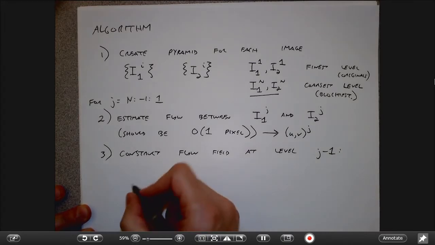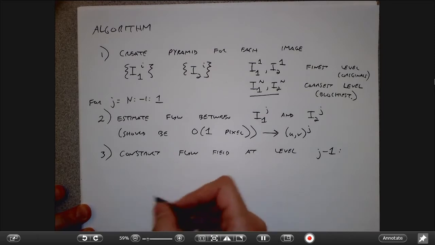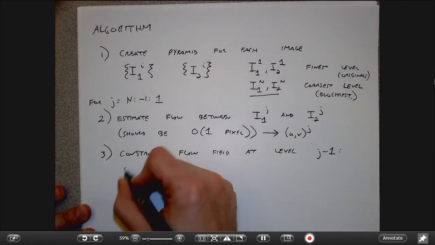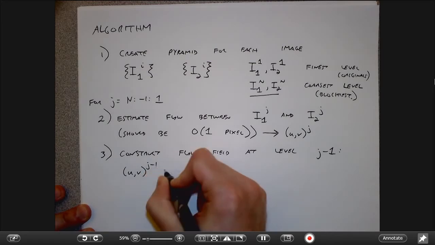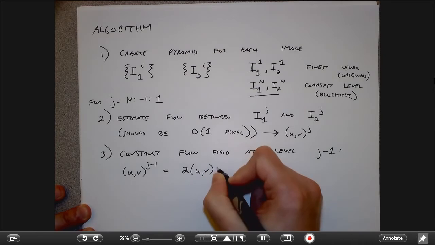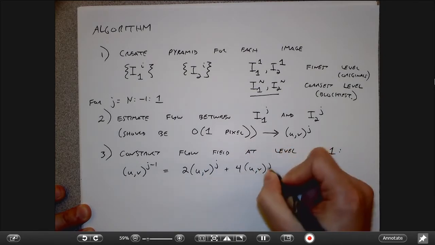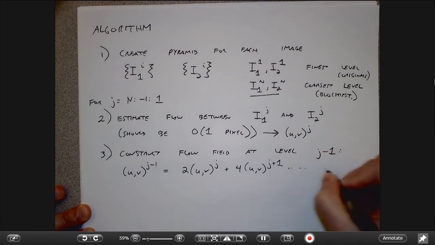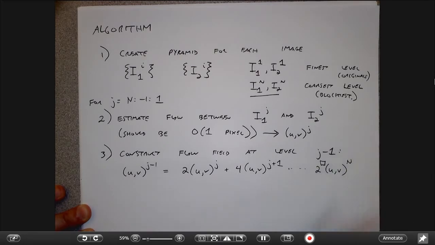This is where the math gets a little bit messy. What I do is I'd say something like, okay, the UV at level j minus 1 is going to be like 2 times the UV flow field at level j, plus 4 times whatever the flow field was at j plus 1, all the way to 2 to the whatever, I'm going to put a box here, times the flow field at the coarsest level, right?